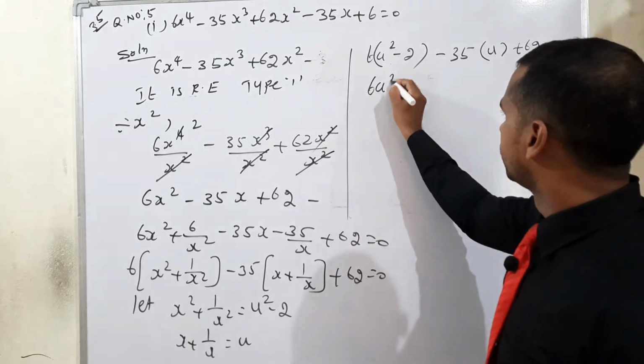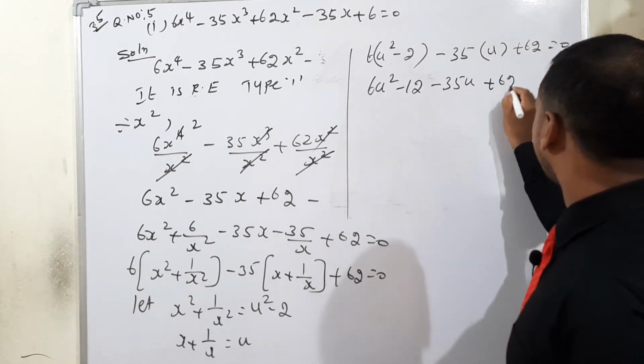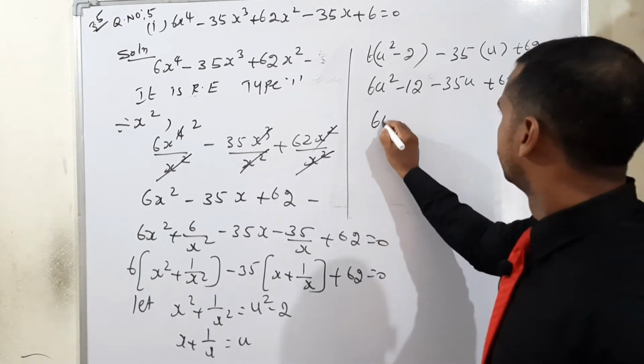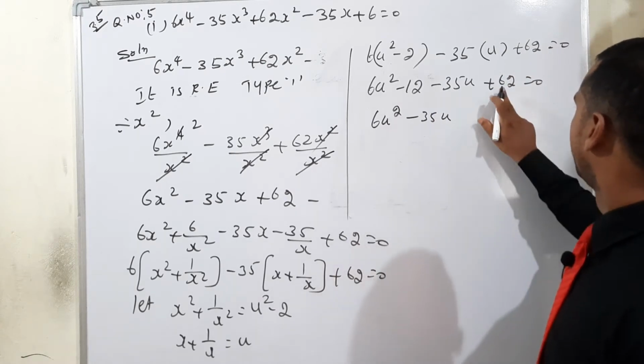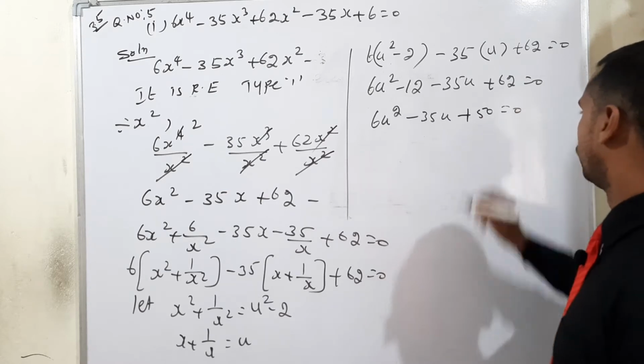So remove the bracket: 6u square minus 12 minus 35u plus 62 is equal to 0. Again 6u square minus 35u, then plus 62 minus 12, so plus 50 is equal to 0.